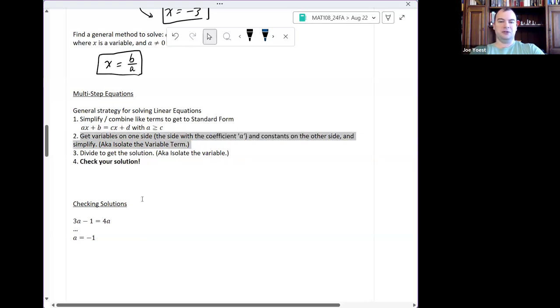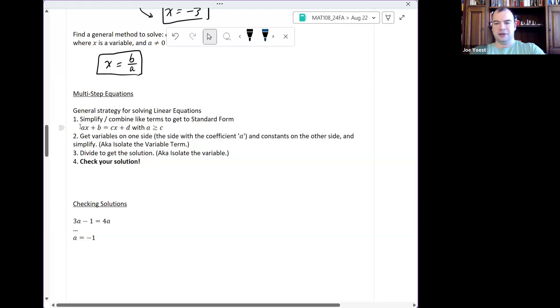So once we get to standard form, the next thing we do is we get the variables on one side. I prefer to get the variables all on the side with the largest coefficient. So note that here I set this up so that A is bigger than or equal to C. I put my large coefficient of X on the left side.